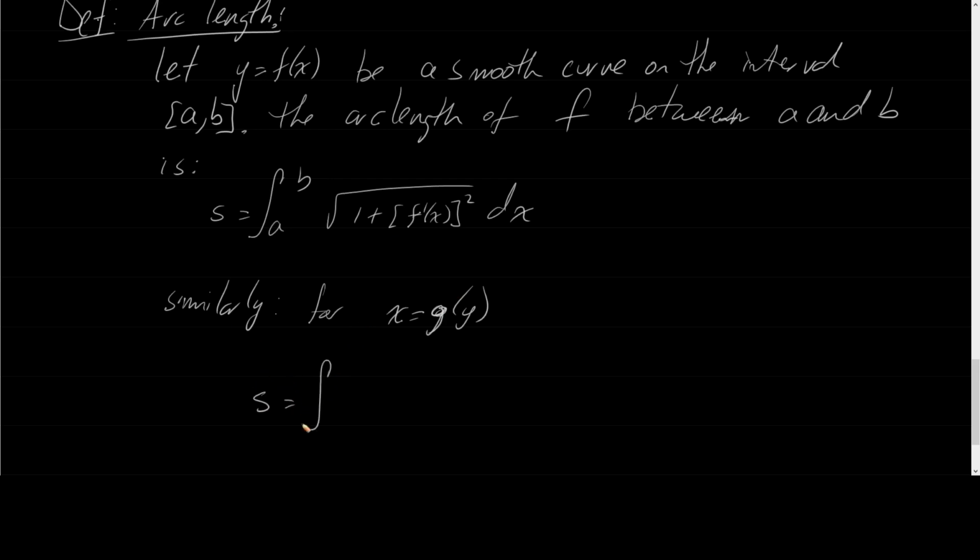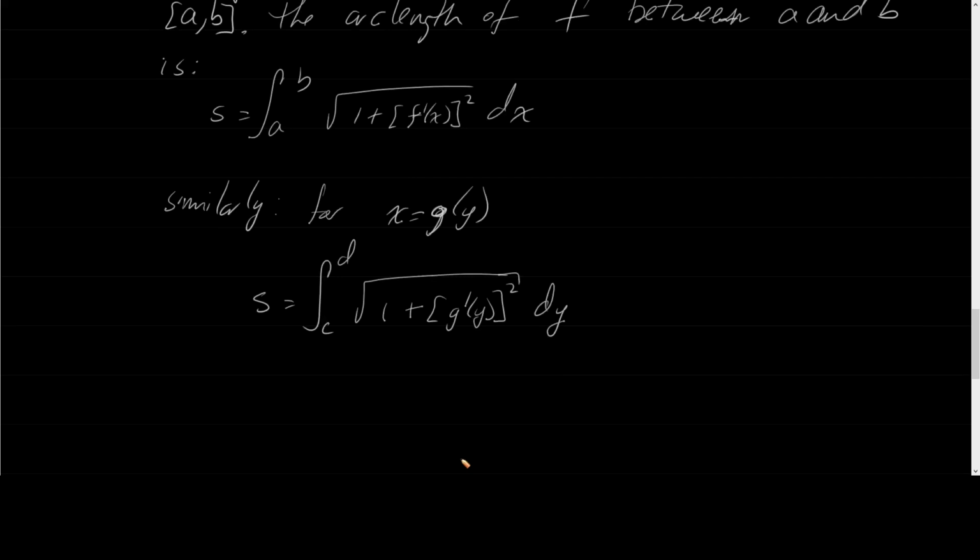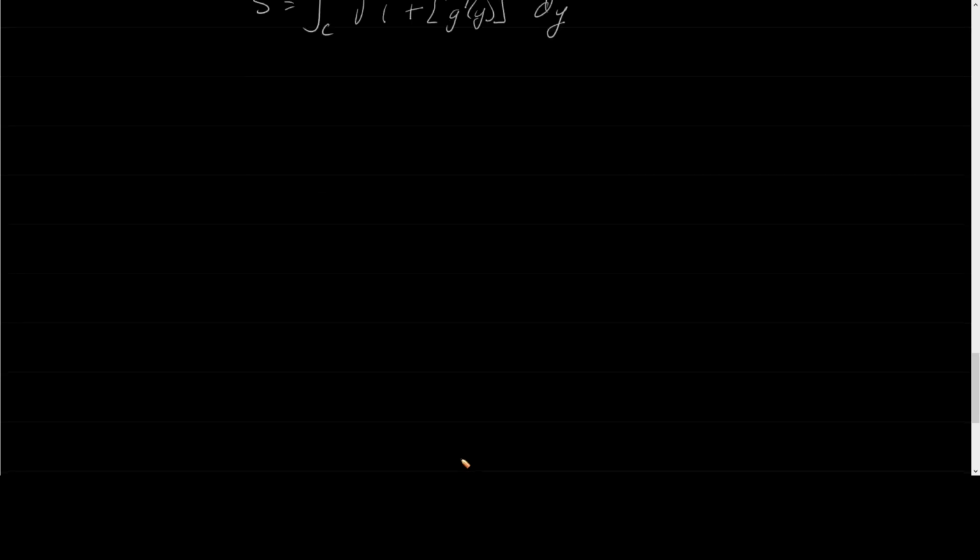So our arc length would be the integral from c to d of the square root of 1 plus g prime of y squared dy. All right, so now we've got the formulas. And it's the same formula. All we need to really consider is what variable we're working with, in other words, what function we're given.